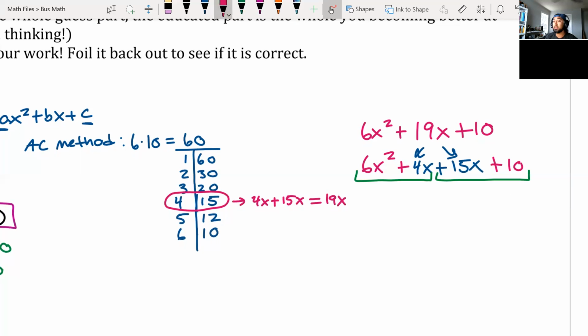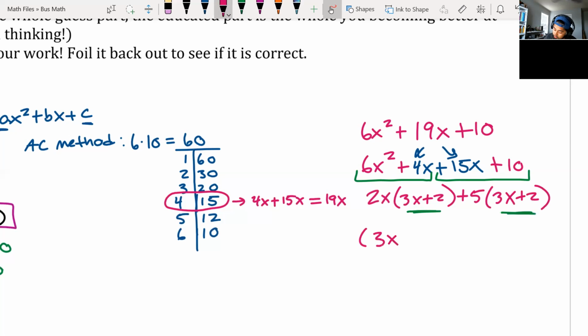And we see that from 6x squared plus 4x, I can take out a 2x, which would leave me with 3x plus 2. And then from 15x plus 10, I can take out a 5, which would leave me with 3x plus 2. And since these look the same, you can factor that out, and we'll get 3x plus 2 times 2x plus 5, and there you have it.